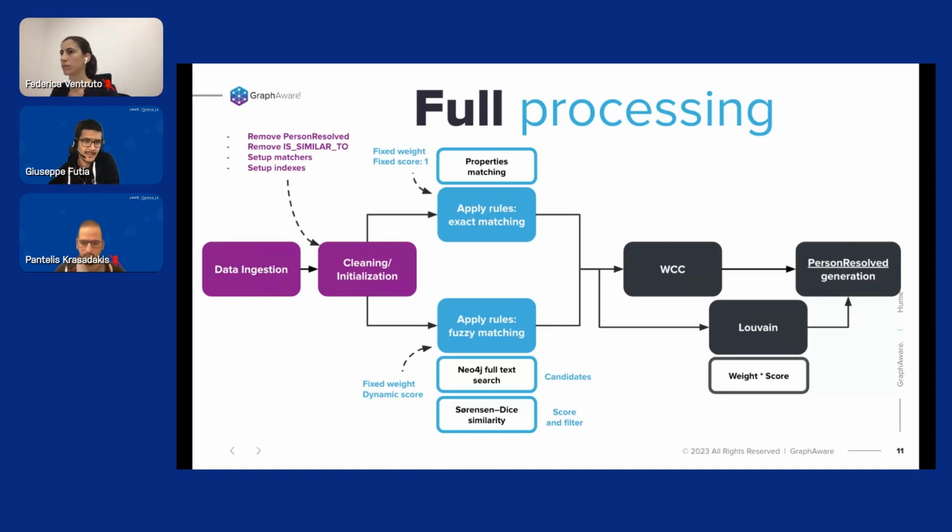As Pantelis already discussed, in order to process the full dataset from scratch, we have to apply some cleaning and initialization. But now I would like to focus in particular on the problem of scalability in computing the similarities, because instead of comparing, for instance, each person name to all the other person names using a similarity method, we can add an intermediate operation, such as the full text search on Neo4j, in order to retrieve a set of candidates and then apply the similarity only on these retrieved candidates using the Neo4j index.